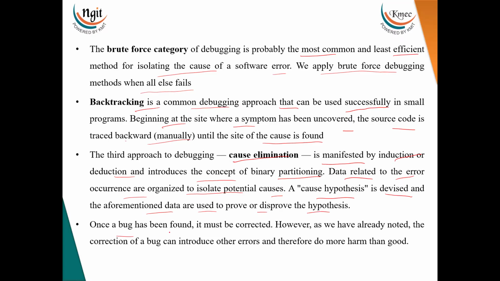Once a bug has been found, it must be corrected. However, as we have already noted, the correction of a bug can introduce other errors and therefore do more harm than good. So from a hypothesis for the bug, use deduction or binary partitioning to test it. This cause elimination is very efficient when applied logically. Clear?